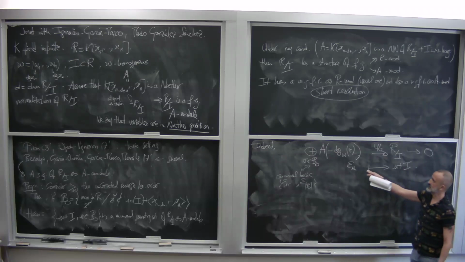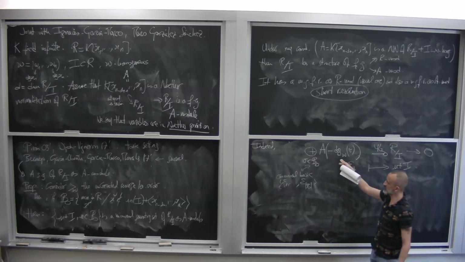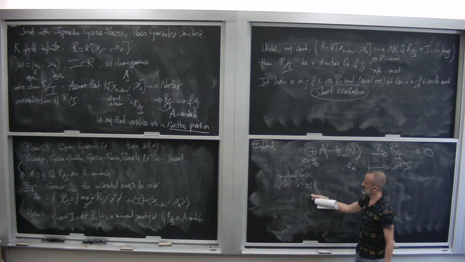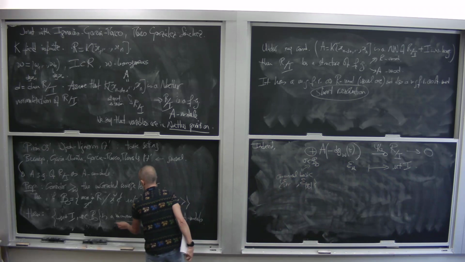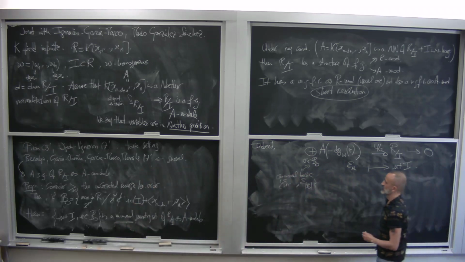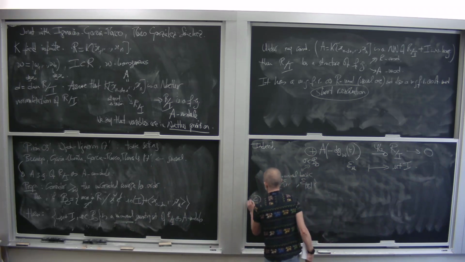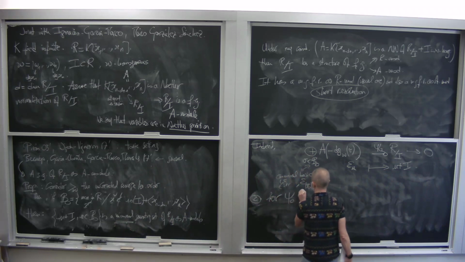That's my first map in my resolution. So I know the gradings, I know how many degrees I have, and this is also minimal for the first step. What we need now is to describe the kernel of this map.